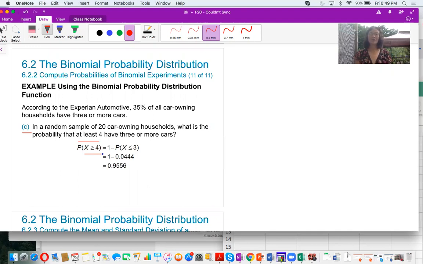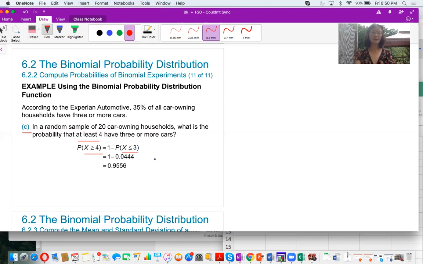And then we can use the complement event. The complement event of greater equal to 4 is smaller equal to 3. Remember, they are opposite to each other. So the probability of greater equal to 4 equals 1 minus the probability of smaller equal to 3.